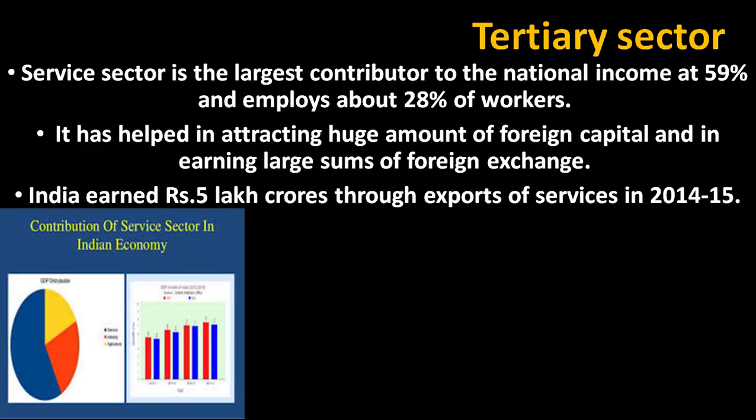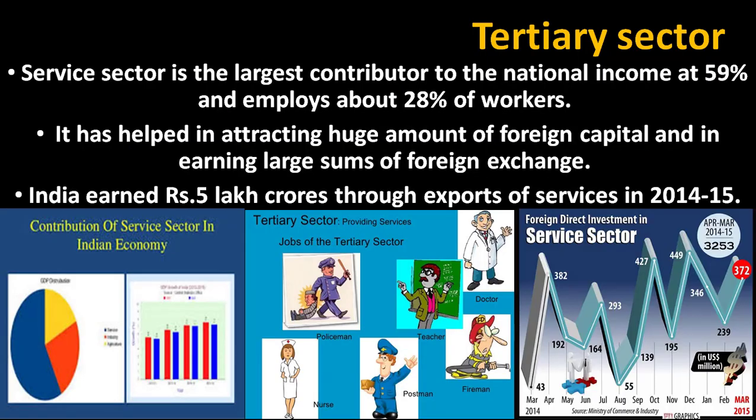The service sector is the largest contributor to the national income when compared to the primary sector and secondary sector. It contributes 59% of national income and employs about 28% of the workers. With 28% of workers, it contributes 59% of national income.